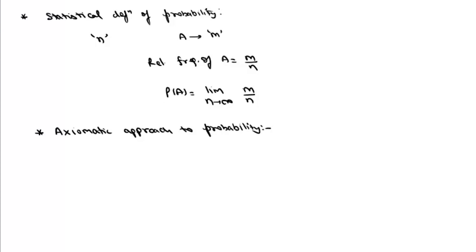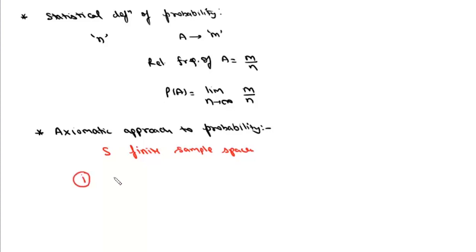Now in the axiomatic approach, we'll assume that S is a finite sample space, and we'll define this probability as a real valued function from the power set of S to R. So this P is called a probability function if it satisfies three conditions.